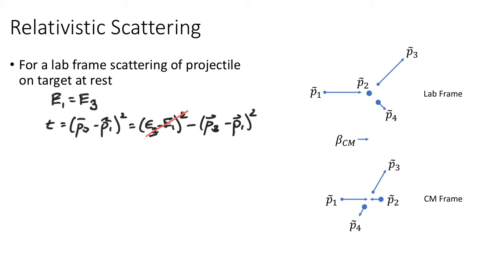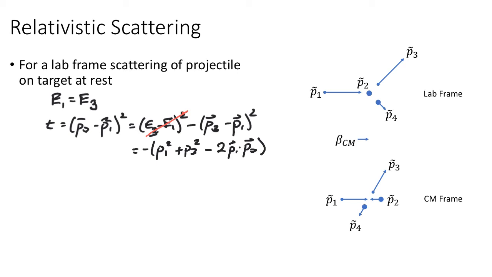And then do the multiplication. And so when we do the vector multiplication of the P3 minus P1 squared, we get minus P1 squared plus P3 squared minus 2 P1 dot P3.